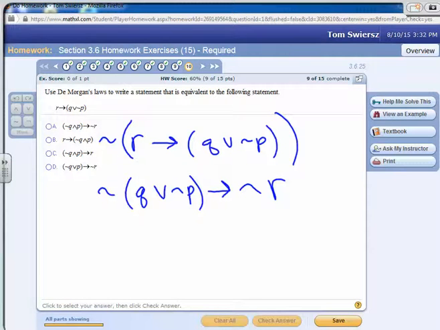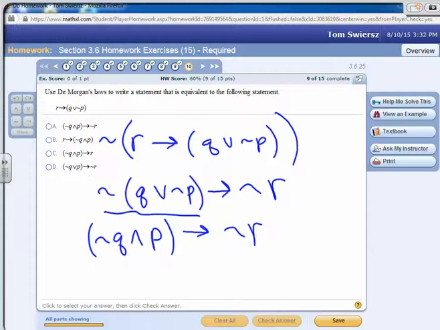Then when we negate each of these separately, we get negation of Q, the or becomes and, the negation of not P is P, and then we get the negation of R. So the choice that is the same would be this one right here, choice A.